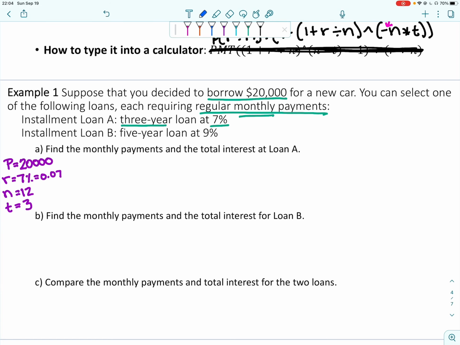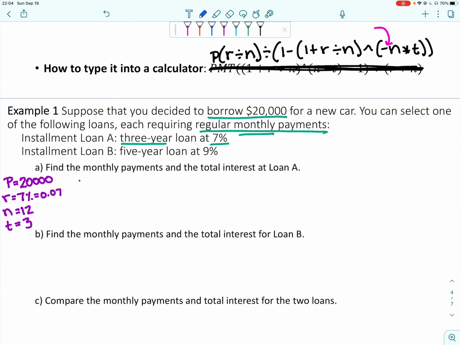So using our payment formula, our monthly payment is going to be 20,000 times 0.07 divided by 12, divided by 1 minus 1 plus 0.07 over 12 to the negative 12 times 3 power.